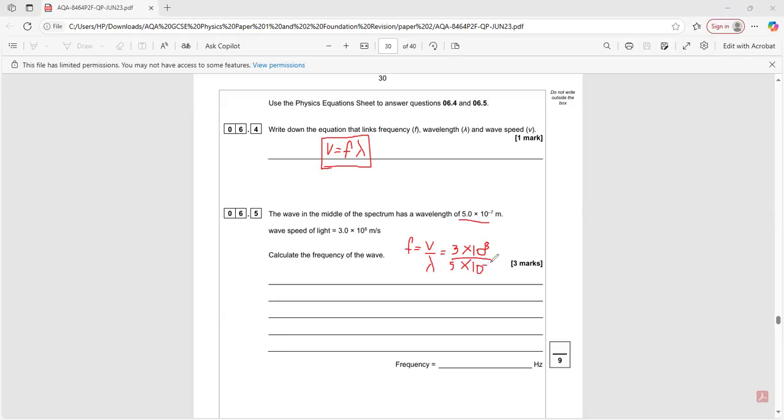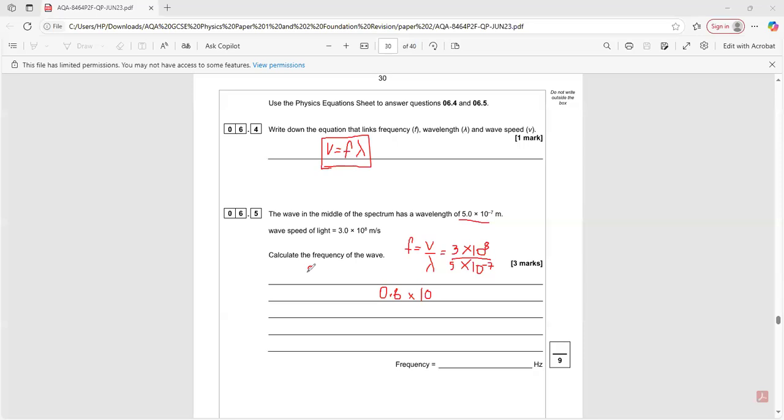So how would you do this? 3 divided by 5 is 0.6, right? Now I'm just trying to see if I can do this without a calculator first, and when the calculator needs to assist us, we will bring it in. 3 divided by 5 is 0.6. Now look at the powers of 10. Do you remember the laws of indices?